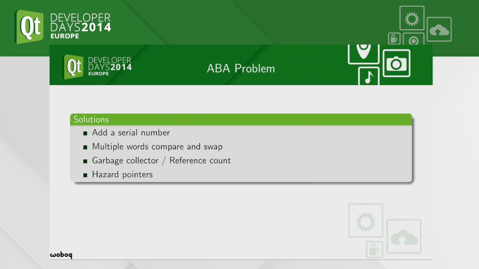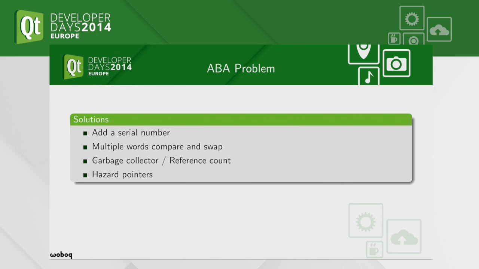Hazard pointer is an interesting algorithm in which each thread publishes the pointer it's about to read. Therefore, before deleting the node, the thread that wants to delete the node will look at each thread to see if it's about to read one of those pointers, and will not try to destroy the node if this is the case.